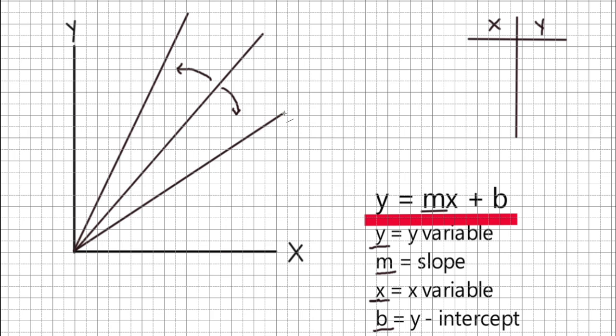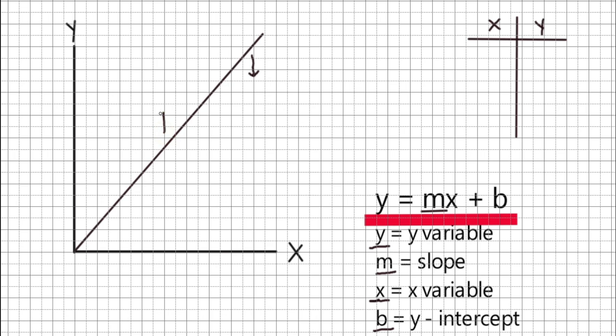Okay, so what happens if we add our y-intercept or a b? Well, it's going to shift up or down, right? It's going to shift. So it's the same line.